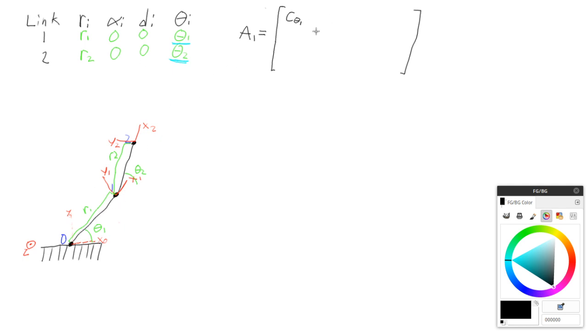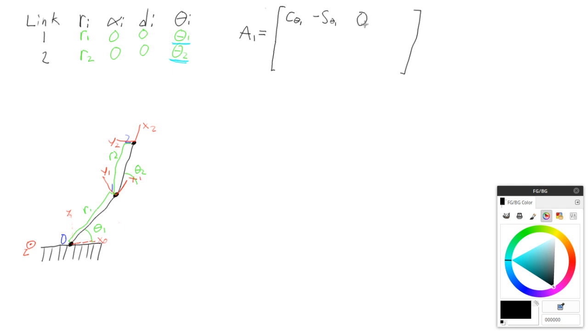So that means that we can just put negative sine theta 1. And the next one, we have the sine of alpha 1 in this term, and the sine of 0 is 0. So this whole term just goes to 0.